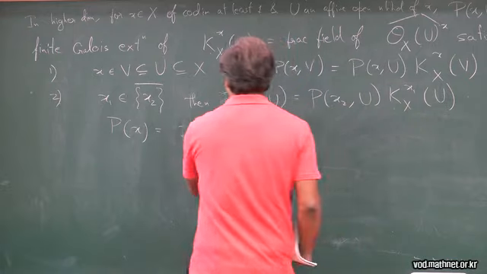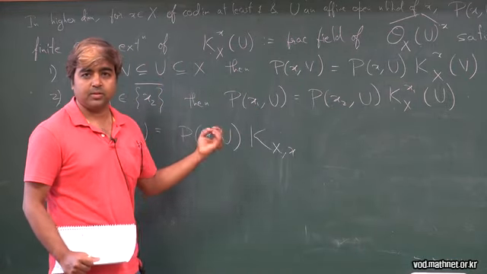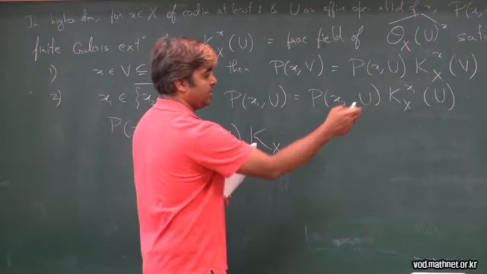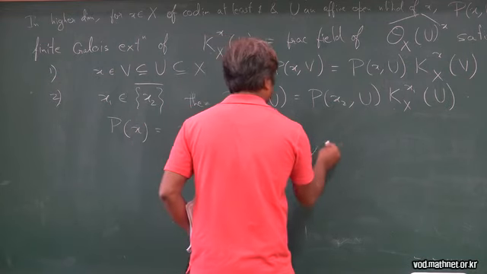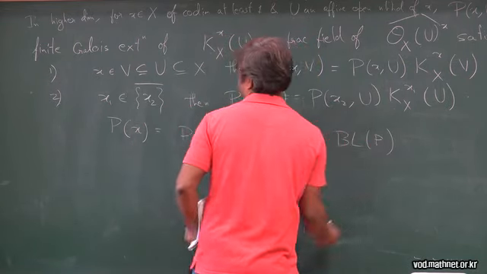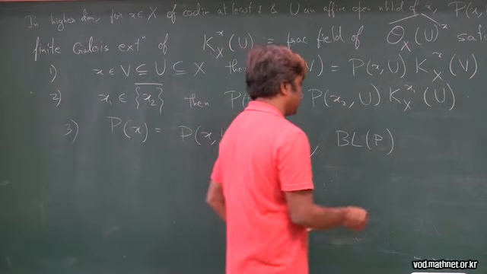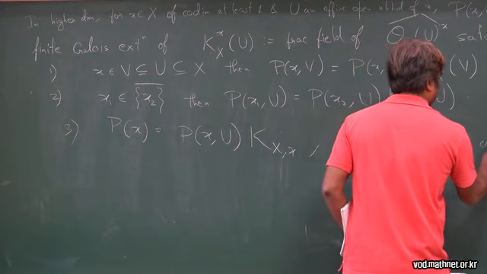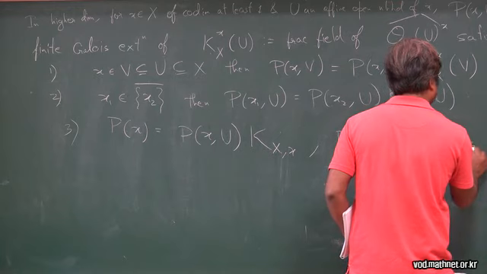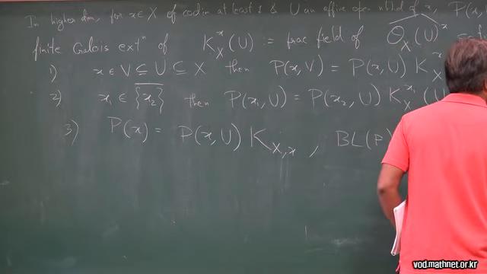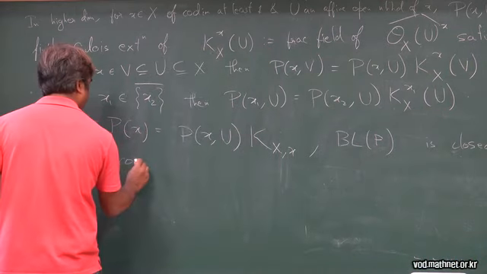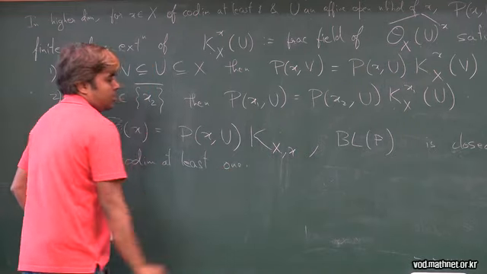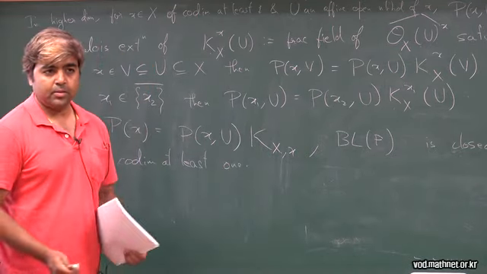And this does not depend upon the choice of U; if you take a smaller one, it is independent, and then you can define the branch locus similarly. So the third condition is that BL(P), defined in the same way, is closed in X of codimension at least one. Okay, so this is the branch data in higher dimension.